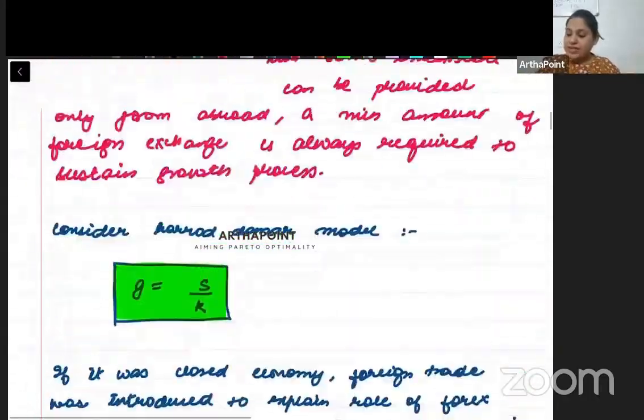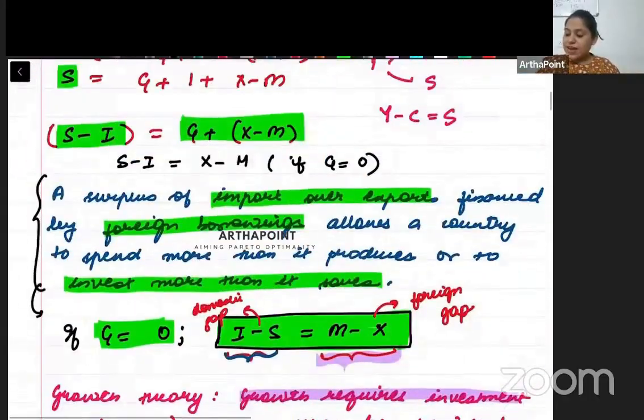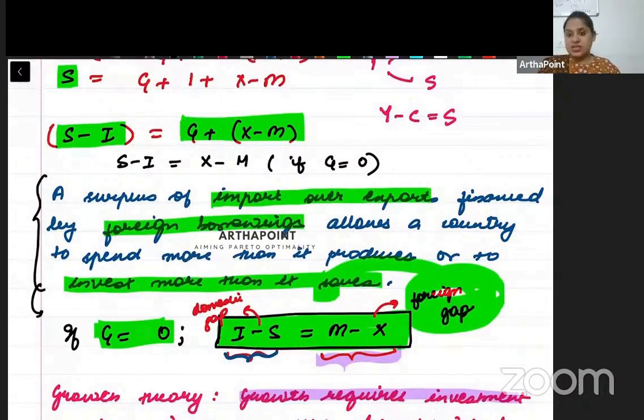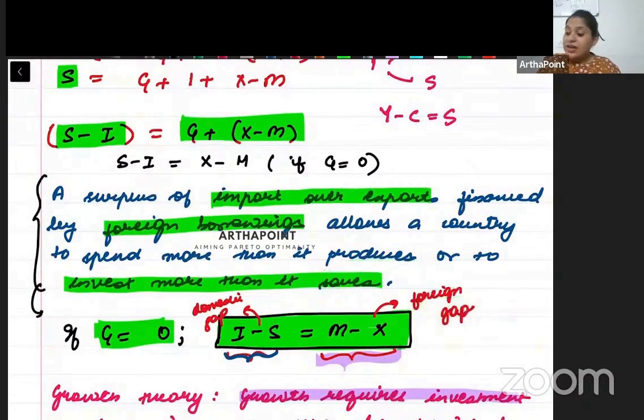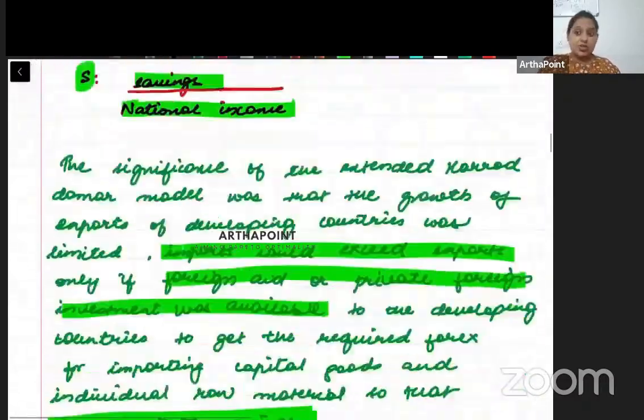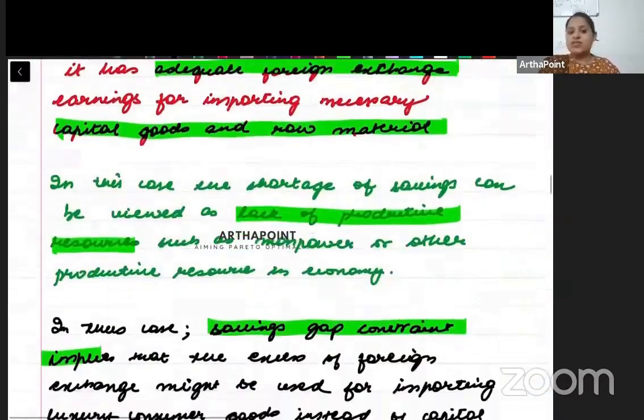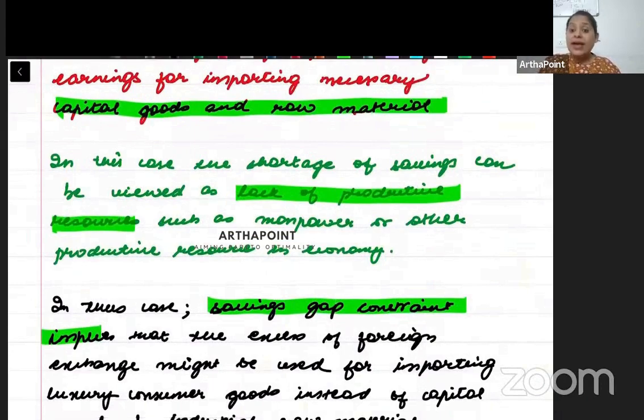That if I have excess of foreign currency, I can do excessive investment. But in the savings constraint, I don't do excessive investment. Why? Because I don't have any productive resource. If I bring in capital, I don't have the manpower. I don't have anyone to work for it.